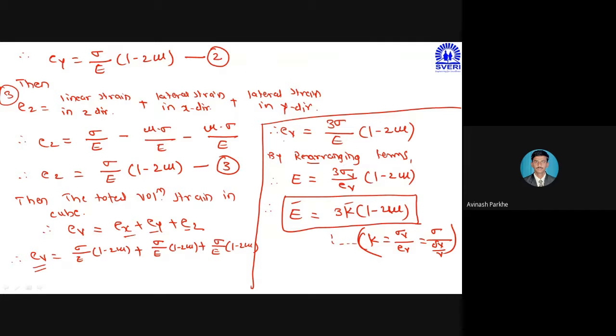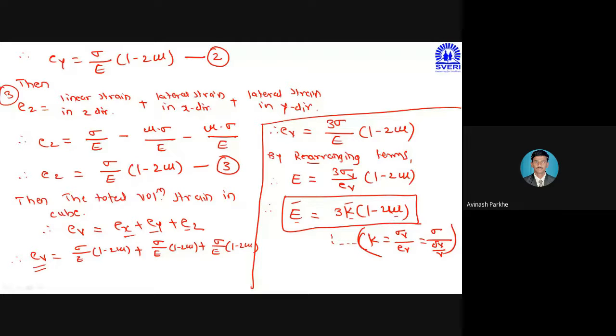E I have taken to the left side, epsilon V I have taken to the right side at the divide side, and from this you get sigma V upon epsilon V, and we know that sigma V upon epsilon V means your bulk modulus, that is E is equal to 3K in bracket 1 minus 2 mu. So this is our first relation between Young's modulus E, bulk modulus K, and Poisson's ratio mu.